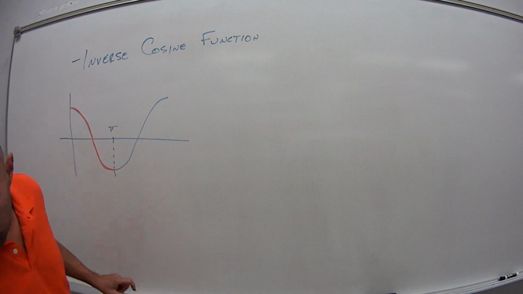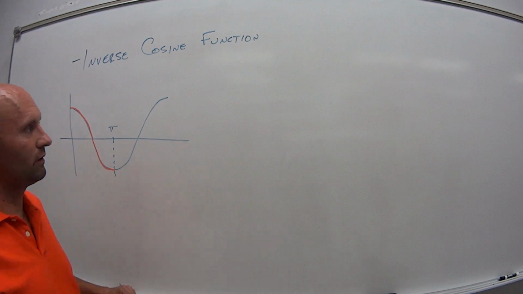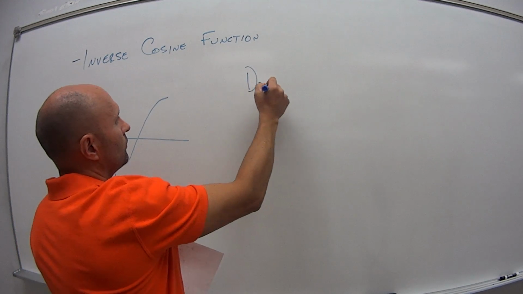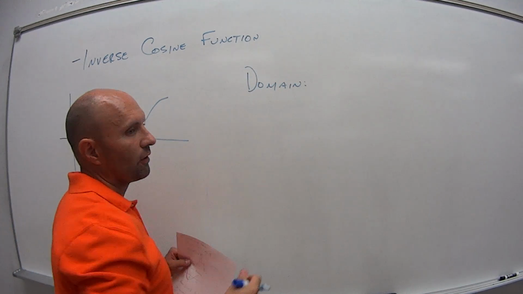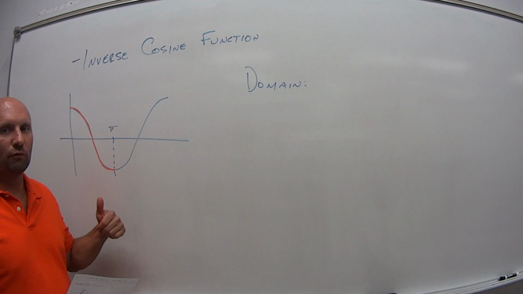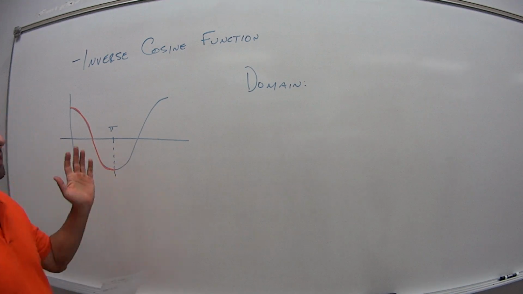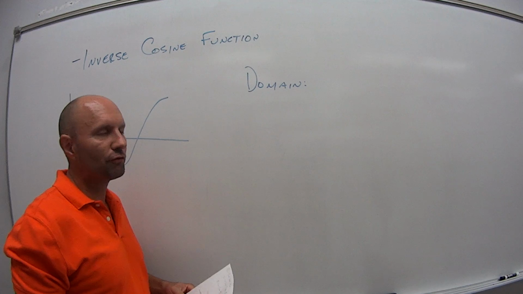This will be the domain that we're restricted on. So for our inverse sine function, we were negative pi over 2 to positive pi over 2.